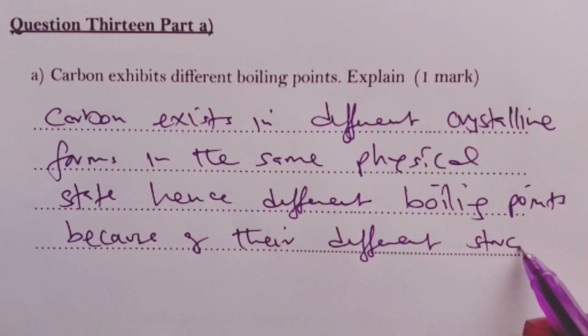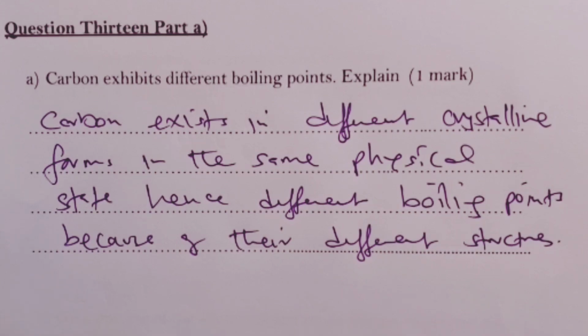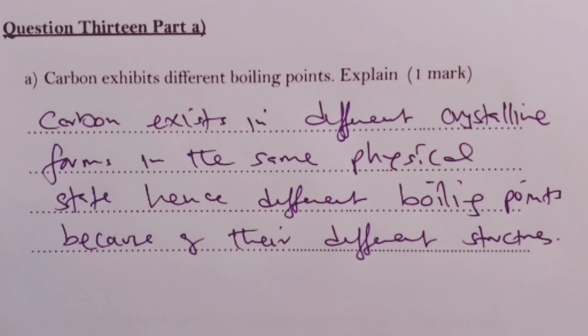That would be the answer to question number 13, part A. Part B of the same question was not from Form 2. We then end our short video by looking at question number 15, which again came from Form 2 syllabus.